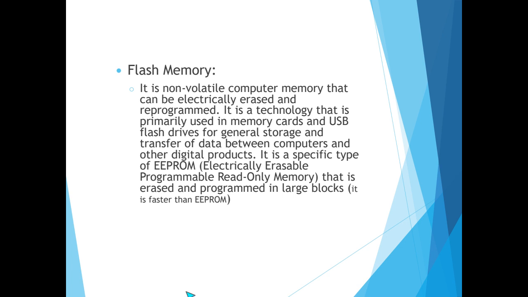The other kind of memory, which all of us are familiar with, is flash memory. It is non-volatile computer memory that can be electrically erased. You see that it's not erased by UV. As with EEPROM, it is electrically erased and reprogrammable. It is a technology primarily used in memory cards and USB flash drives for general storage and transfer of data between two computers, or between computers and other digital products.